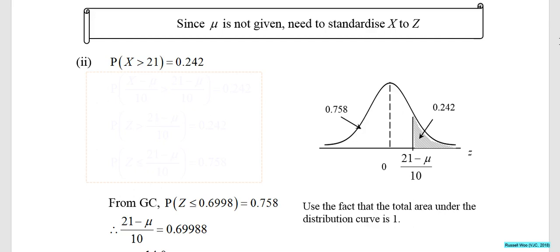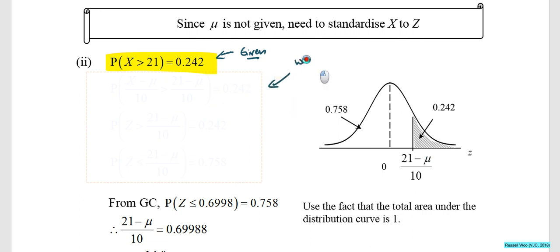Now find the value of mu given this. Now this is given, so you actually want to find mu. Very simple. First thing we do, what do we do? Can we write down the first line?